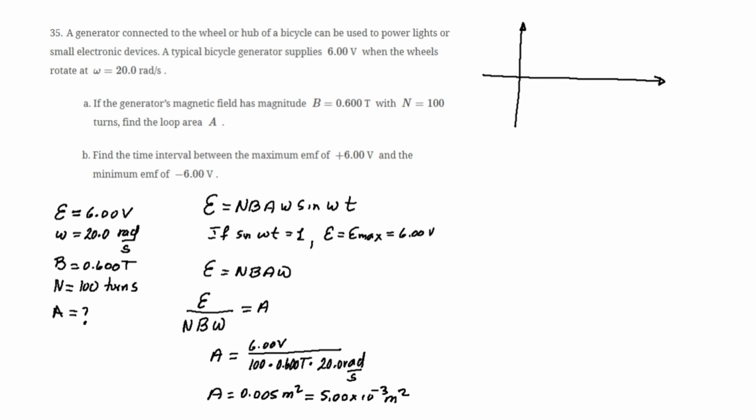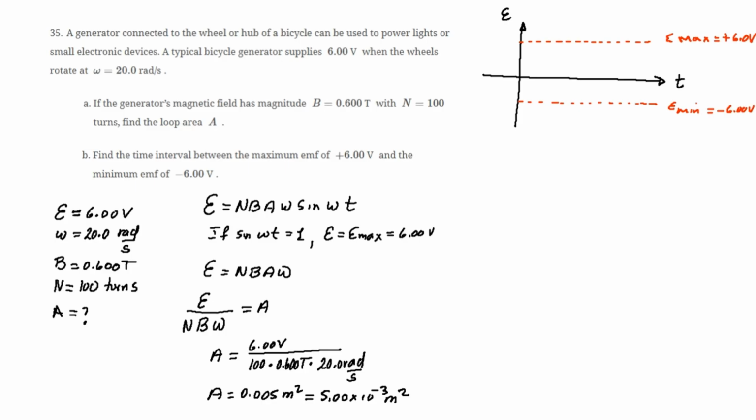And then, in this graph of electromotive force versus time, we have a maximum electromotive force here equal to positive 6 volts, and you will have a minimum electromotive force here that is negative 6 volts.